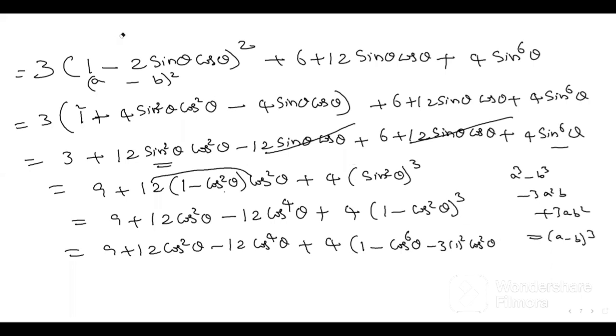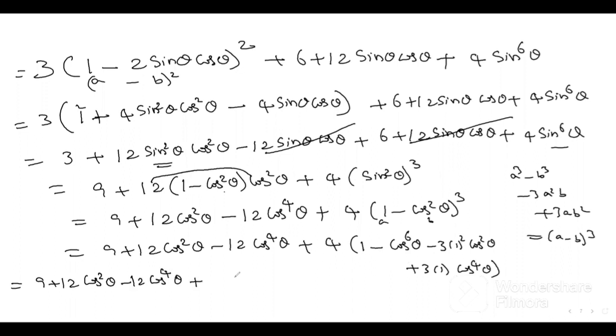plus 3ab square. This is A, this is B. Cos square theta whole square is cos to the power 4 theta. Here 9 plus 12 cos square theta minus 12 cos to the power 4 theta.